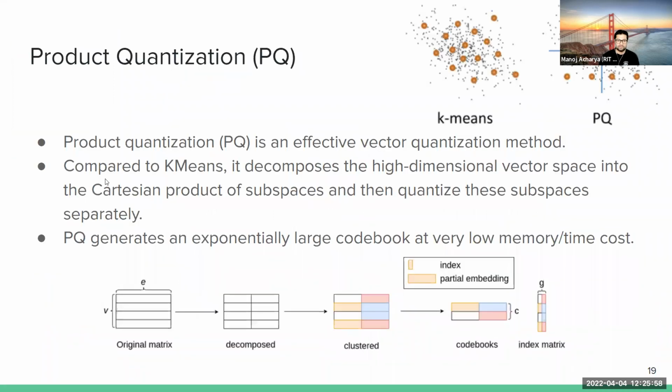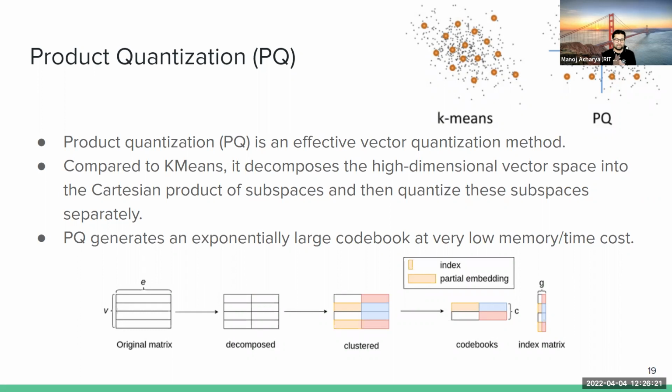Right. So briefly talking about product quantization, it's an effective vector quantization method. If you know about k-means, compared to k-means, product quantization decomposes the higher dimensional space into smaller subspaces, and then quantizes these subspaces separately, right?